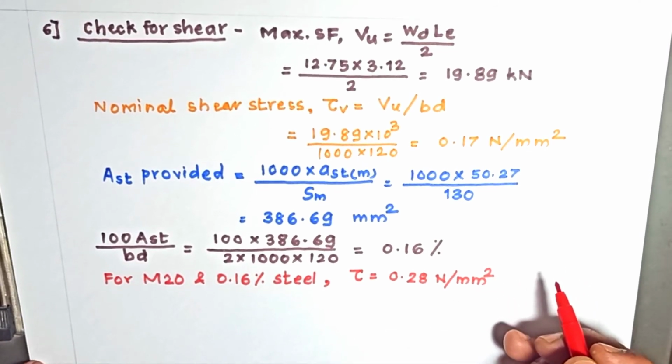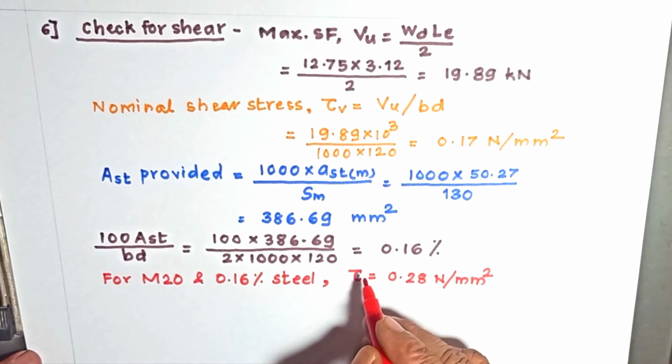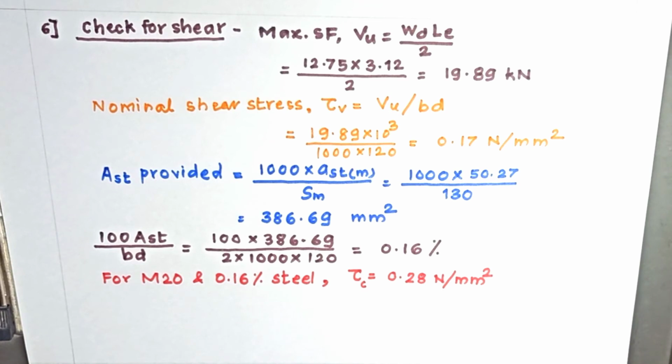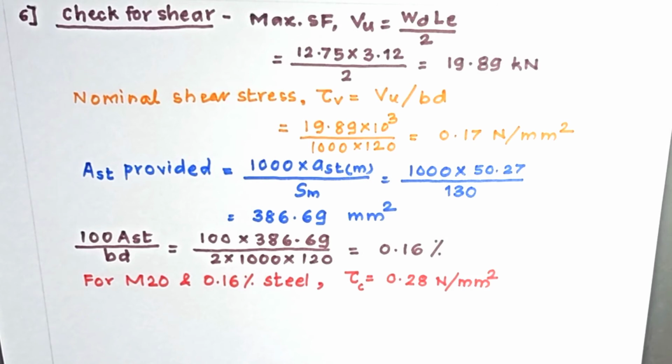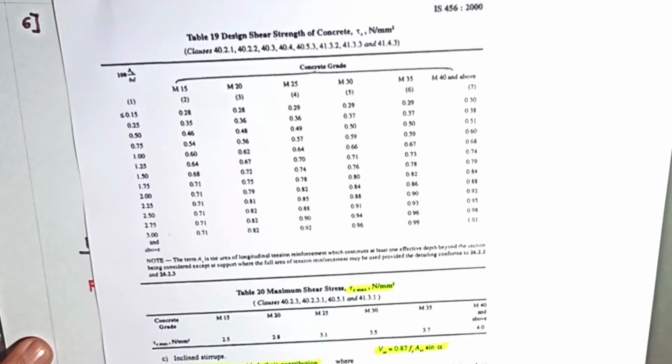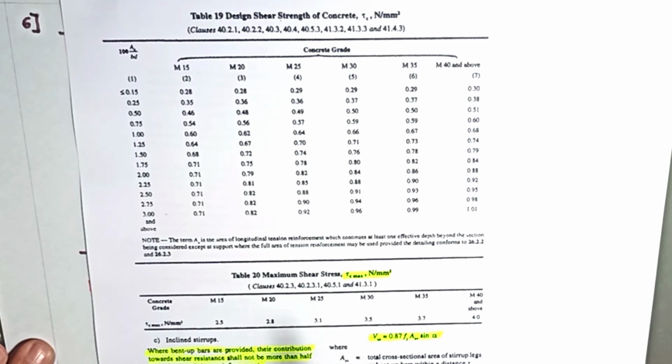Now once again, this tau C shall not exceed tau C max. Okay. Now for that purpose, let us find out the clause from page number 73. You can see here from page number 73 and table number 20, maximum shear stress tau C max for grade of concrete M20, this is 2.8.